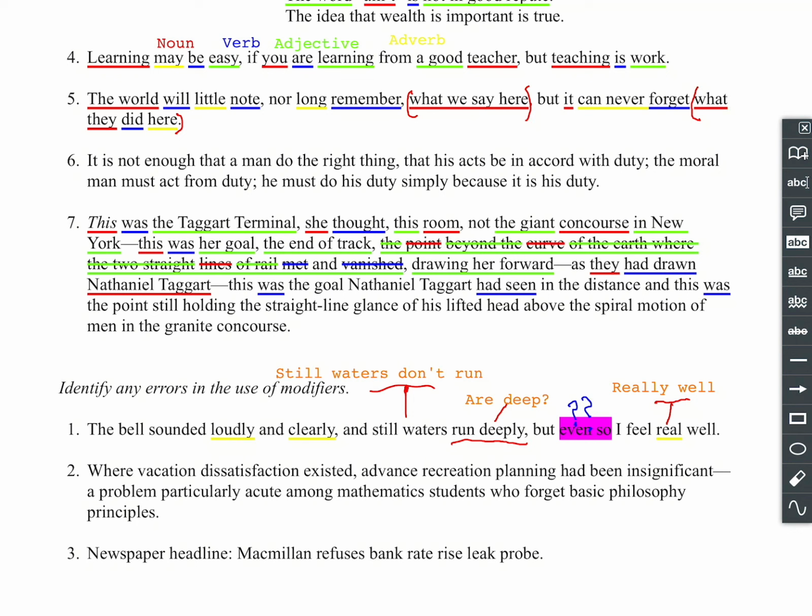Right, where vacation dissatisfaction existed, so dissatisfaction, or no, vacation modified dissatisfaction. The vacation is the type of dissatisfaction. That's a little unusual, but it's okay. Advanced recreation planning had been insignificant. That is unusual.